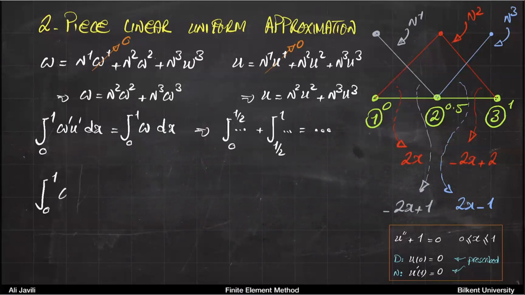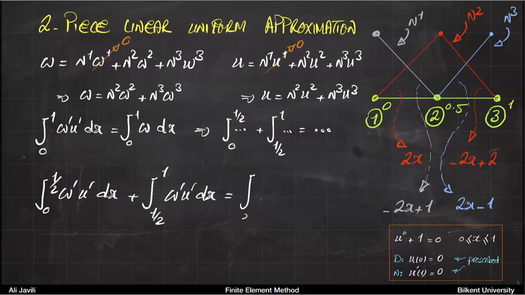Integral from 0 to 1/2 w prime u prime dx plus integral from 1/2 to 1 w prime u prime dx equals integral from 0 to 1/2 w dx plus integral from 1/2 to 1 of w dx. Okay, so what are these w prime u prime in each?